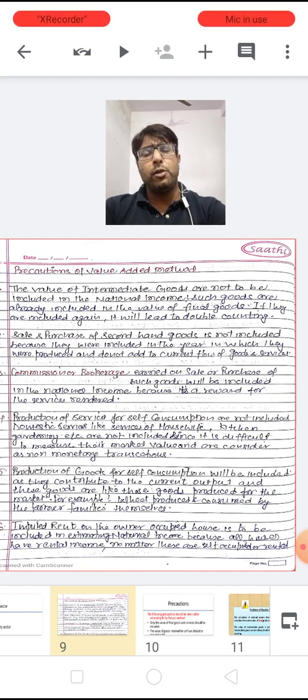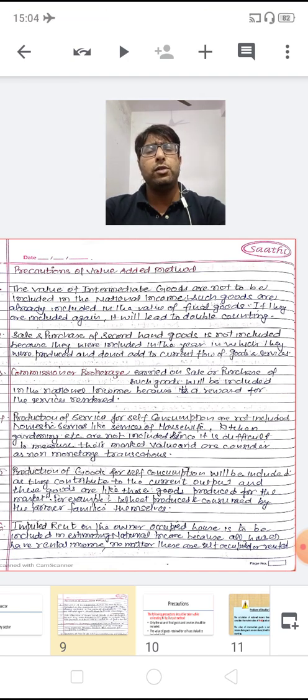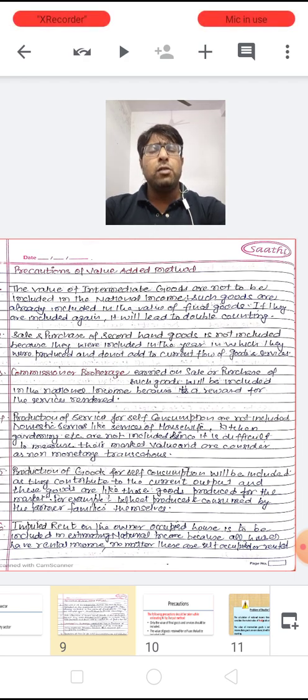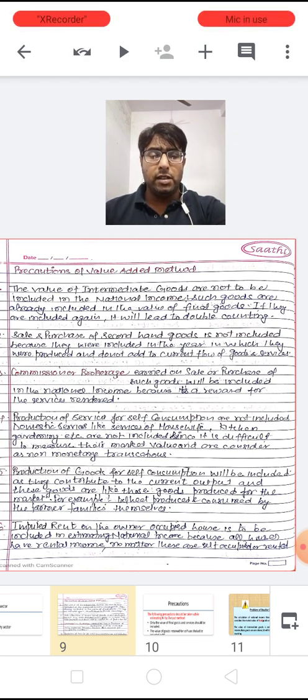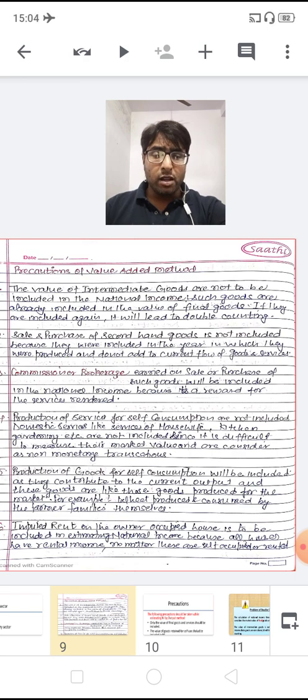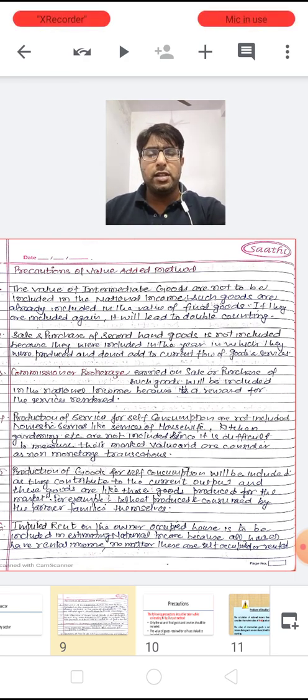Suppose there is a farmer who is producing wheat. Now, he also needs wheat for his own survival. So whatever wheat he is consuming contributes to the current output, as these are goods like those which have been produced for the market.